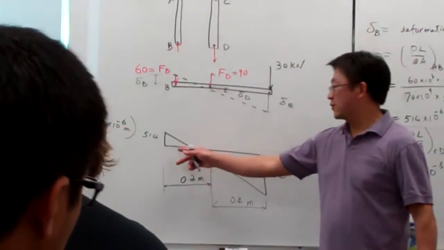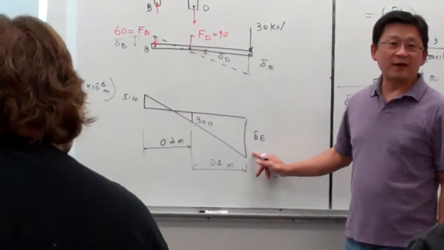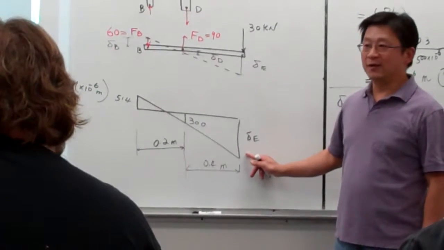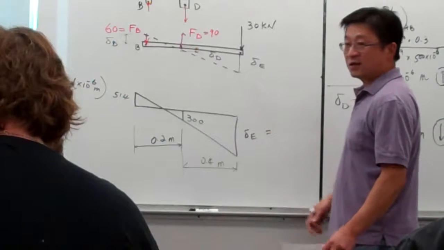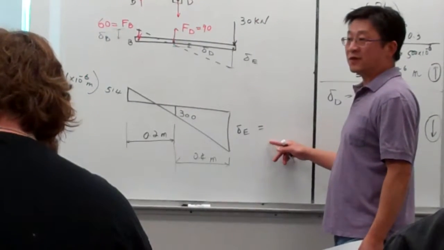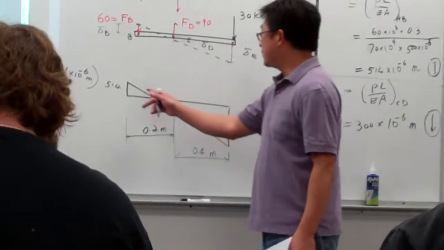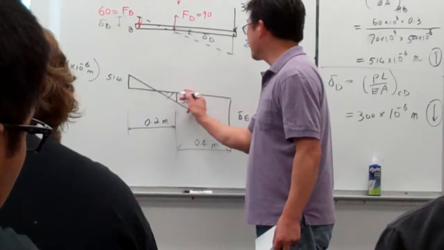Are you able to use the similarity of the triangles to get this number? You should be. That is high school math, I believe. There are many ways to do this one, but again, using similarity of the triangles, you can use the two triangles, or you can use this triangle and the bigger triangle here.